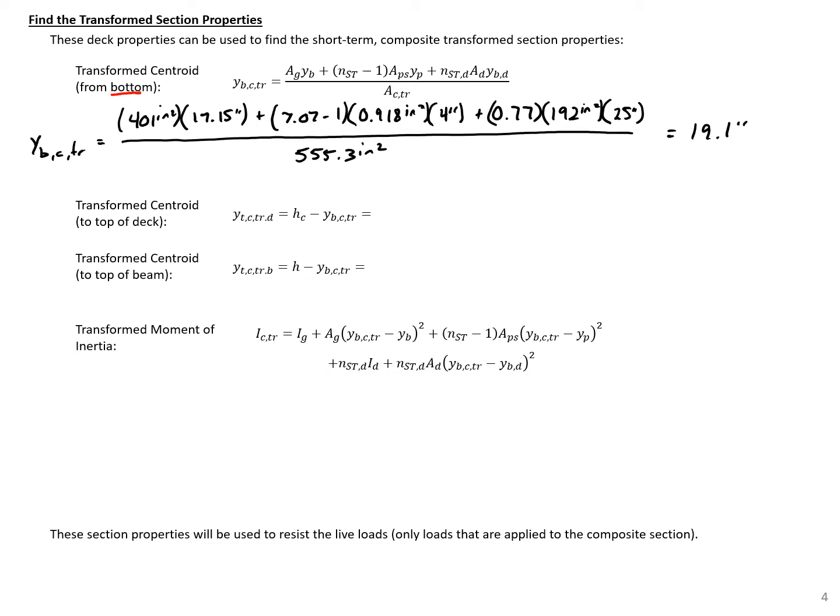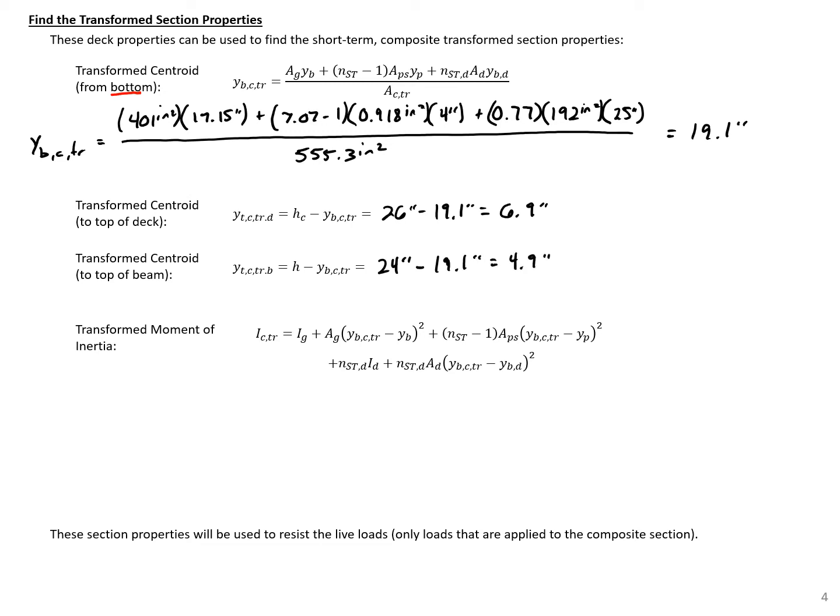So this will be our 26 inches, our composite height, minus 19.1 inches, which will just be 6.9. Then the distance from the centroid to the top of our precast beam, we have that 24-inch gross height minus the 19.1, will give us a value of 4.9 here.